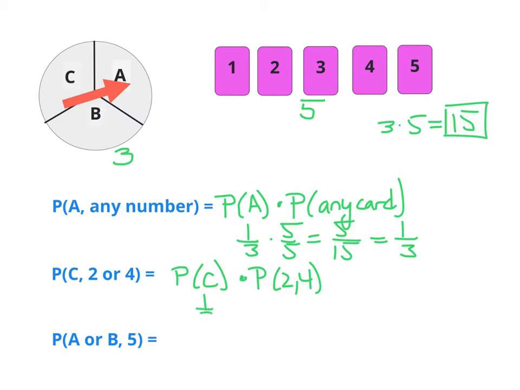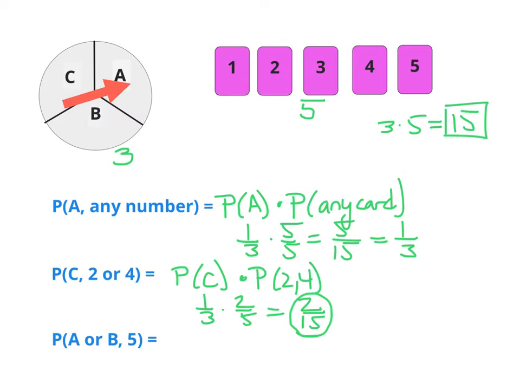And the probability of pulling a 2 or a 4 from this deck, 2 possible outcomes, is 2 out of 5. And again, we multiply our numerators, 1 times 2 is 2, and our denominators, 3 times 5 is 15. So the probability of spinning a C and pulling a 2 or a 4 out of that deck of cards is 2 out of 15.